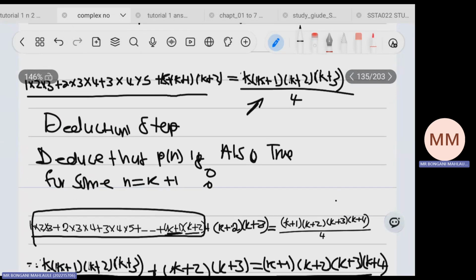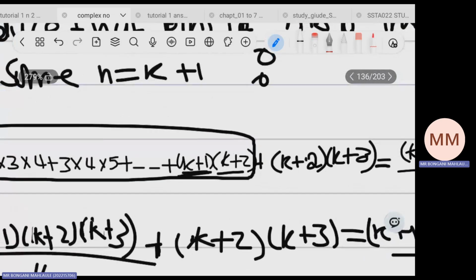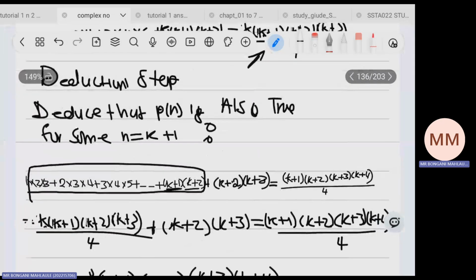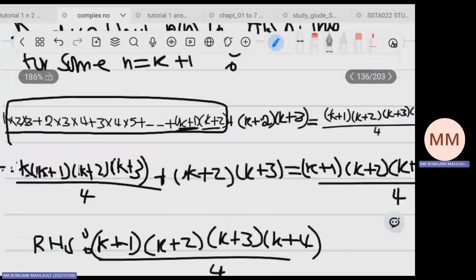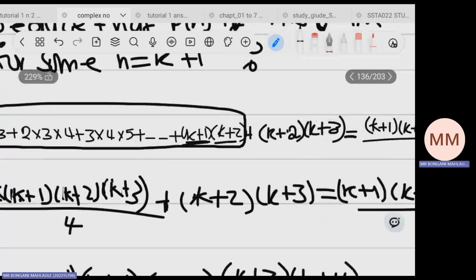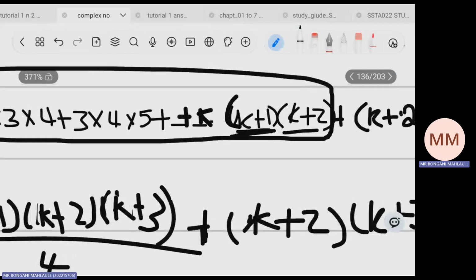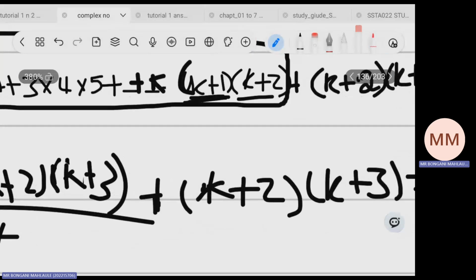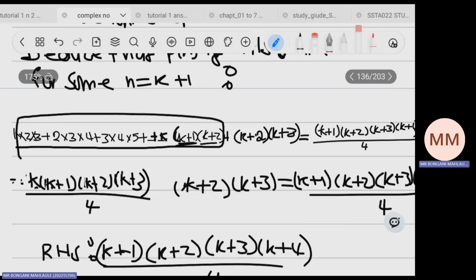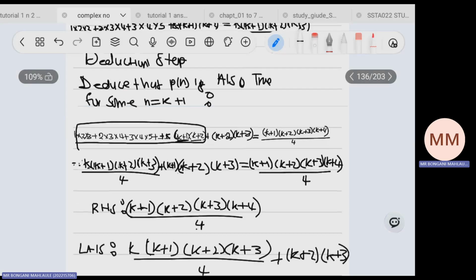Hence here we should be having k plus 1 as well. Remember that this part is k. Let me fix that mistake. This part is k, so when we put k plus 1, we should also be having k plus 1 here to come to the deduction step. So we should be having plus k plus 1. So it should be like that.